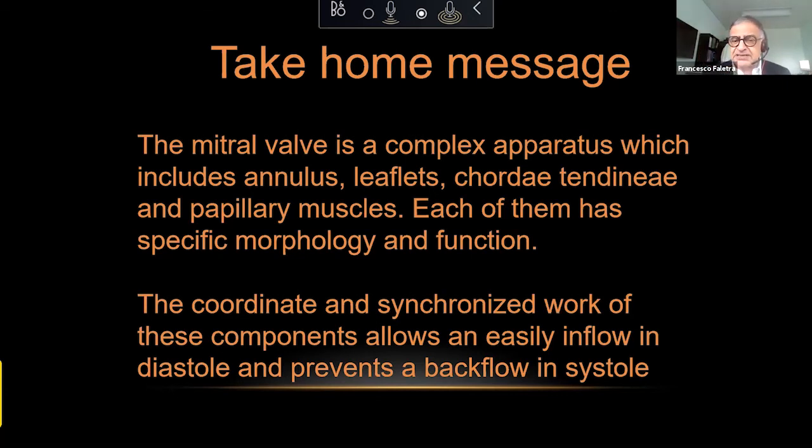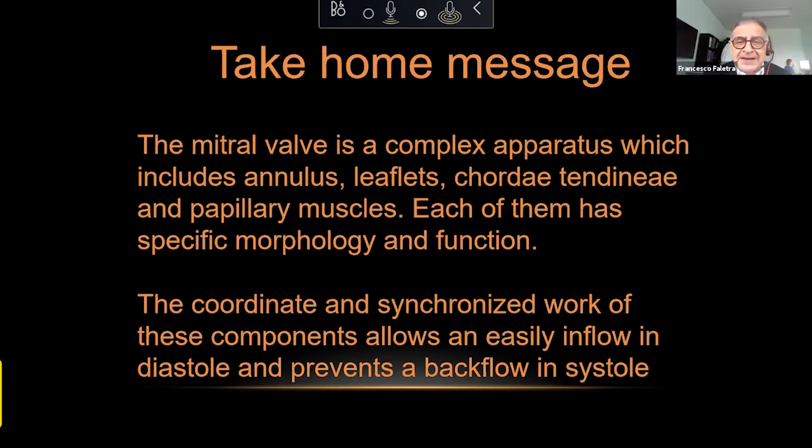So it seems that in some way this disjunction is by itself a generator of arrhythmias. And now there is another very nice paper from Toh with a CT scan, which shows that even if only a few millimeters, 1 or 2 millimeters, this disjunction is present in 96% of normal people.